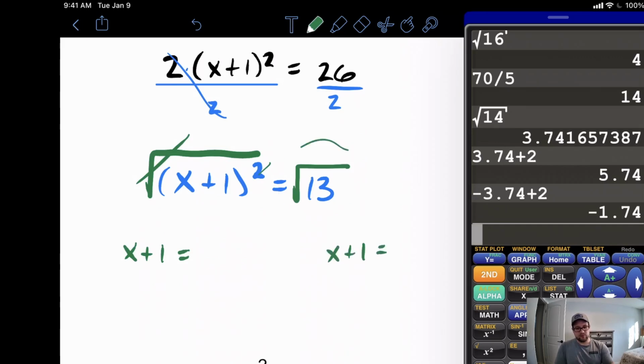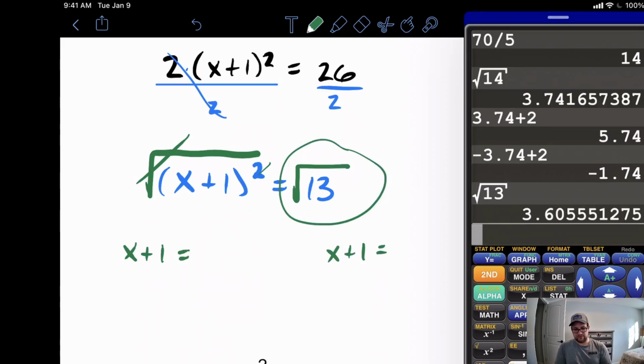Now what it equals is the square root of 13. So let's do that math. The square root of 13 is equal to, let's call it, 3.61. So there's the positive version of it, and here's the negative version of it.